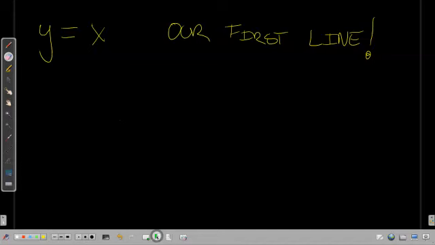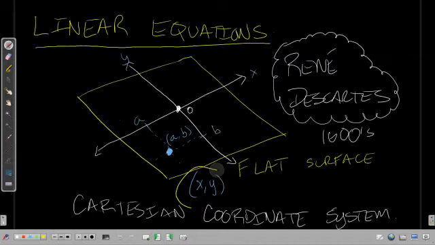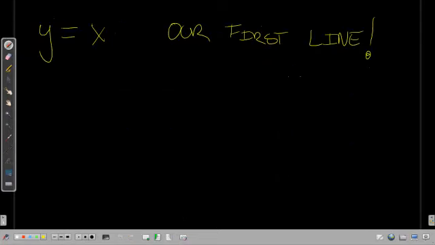We know already that ordered pairs look like x comma y. And for this equation here, it's telling us that x and y are the same number.